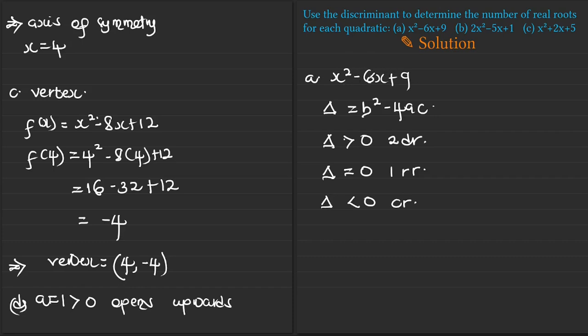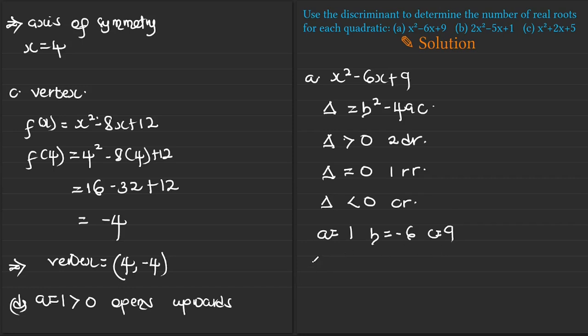With that, let's look at the first one. Our a is the coefficient of x squared, so a is 1. Then our b is the coefficient of x, that is -6. Then our c is 9.